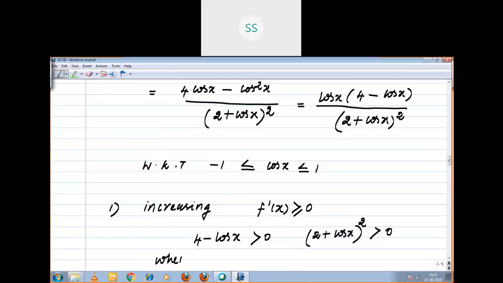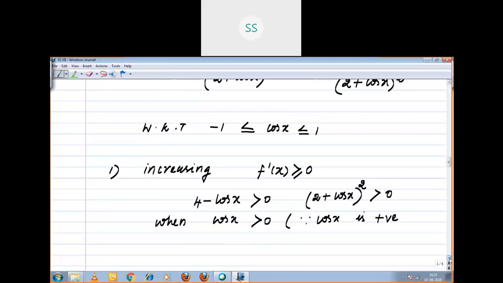Then cos x greater than 0 means in which quadrant is cos positive? Cos x is positive in the first and fourth quadrant.